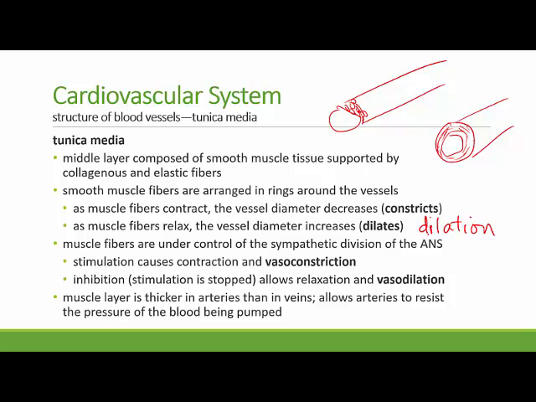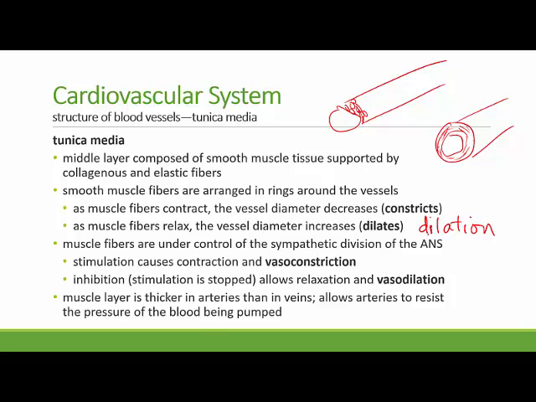And in arteries, we see that this muscular layer is thicker, and this is all about allowing the artery to resist the high pressures under which arterial blood is being pumped. So arteries have much higher blood pressures than veins do, and if we didn't have this thicker muscular layer, then the artery would be much more likely to develop an aneurysm, to blow out.